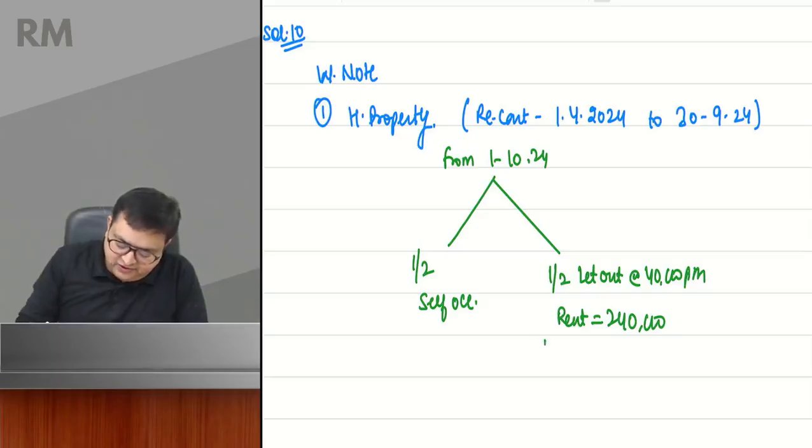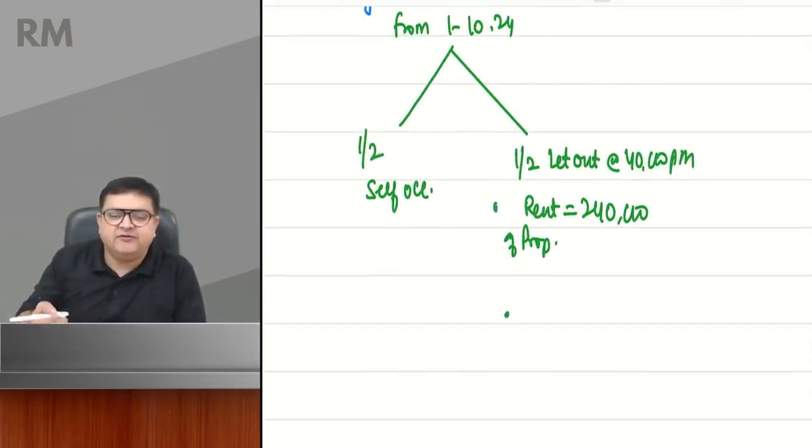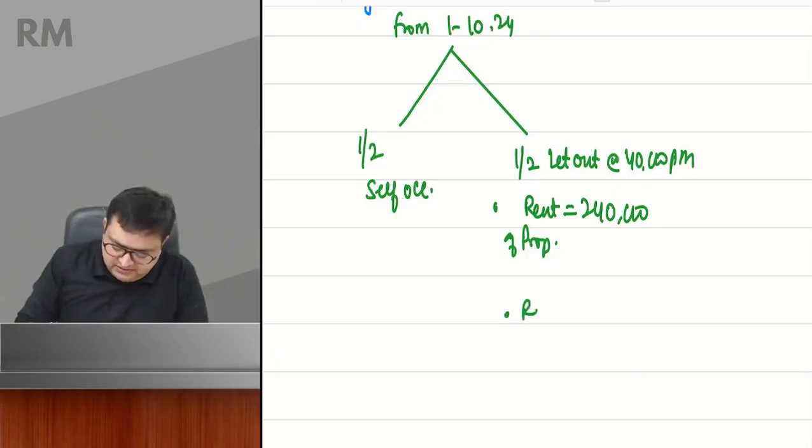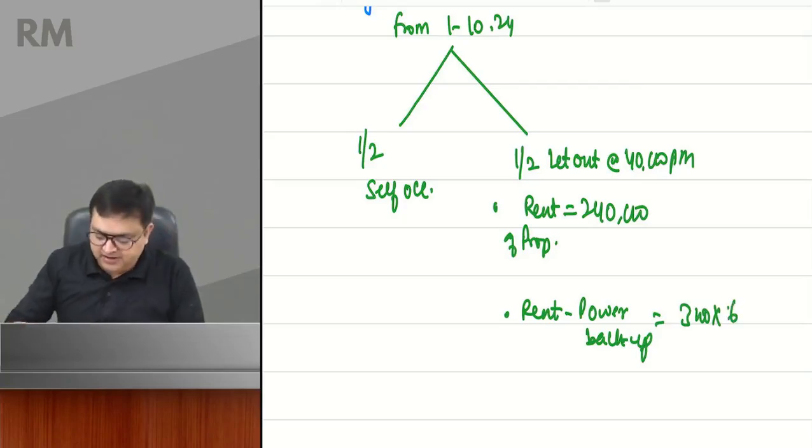So this is rent of property, 240, and he is also paying rent of other facilities. 3,000 into 6 months, from October onwards, he will pay 18,000 for the power backup.